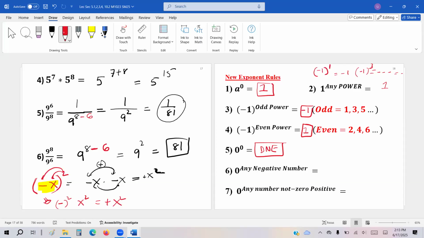I should write odd power or odd fraction. Odd power or odd fraction is the same, but for even we cannot write even fraction. If you have a -1 with an even fraction, it becomes unreal. It becomes imaginary. I should write this down here. -1 with even fraction.